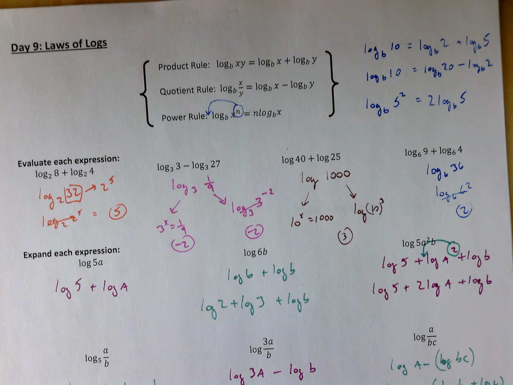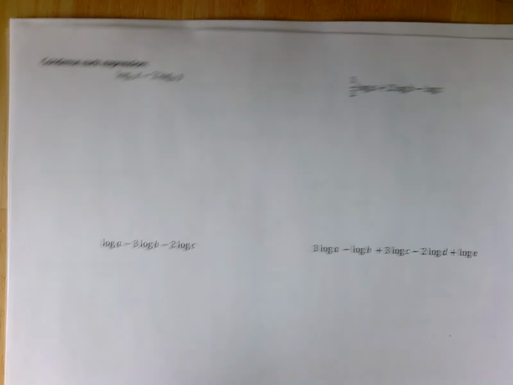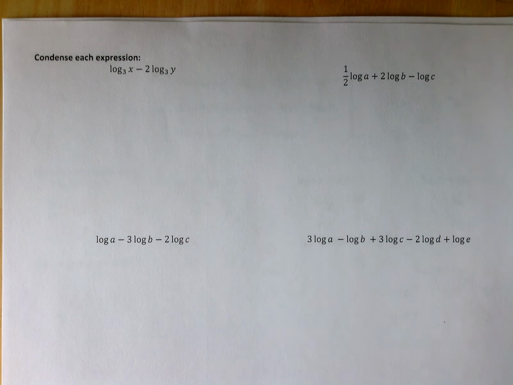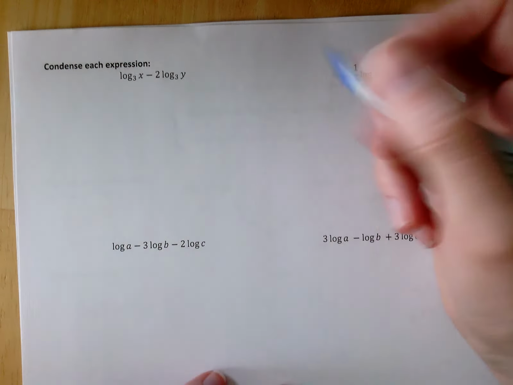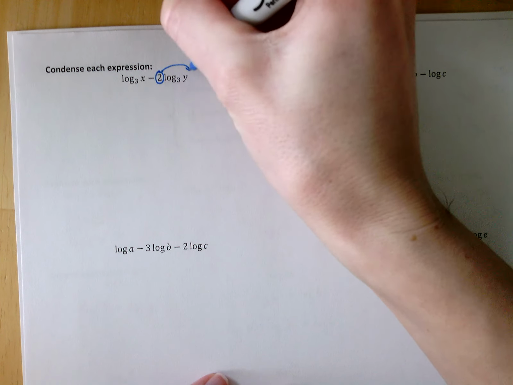All right, so those are our lovely laws of logs and how you would use them to evaluate or expand. So the last thing is going the other way, condensing. So these ones are really long and we are going to simplify them. So we're going to try to do this in as few steps as possible. So what we're doing with this guy, start by dealing with any numbers that need to come back up.